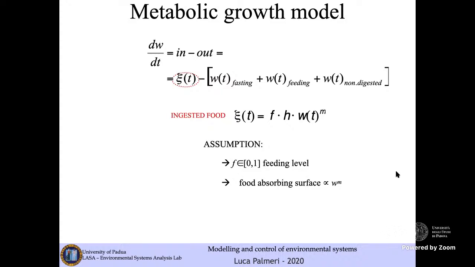The most general way of formalizing this proportionality mathematically is to write that the ingested food is equal to two coefficients multiplied by a power of the weight of the organism itself. So this has to do with the ingested food.